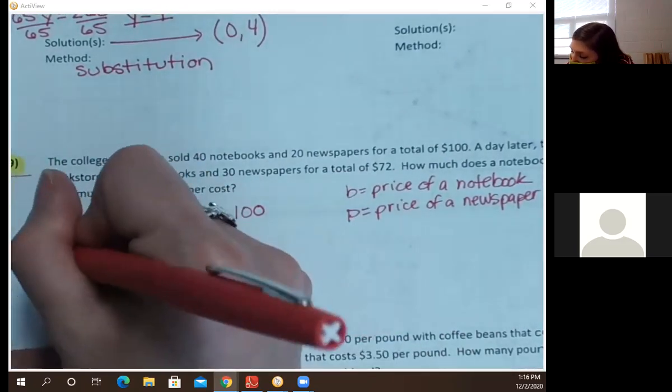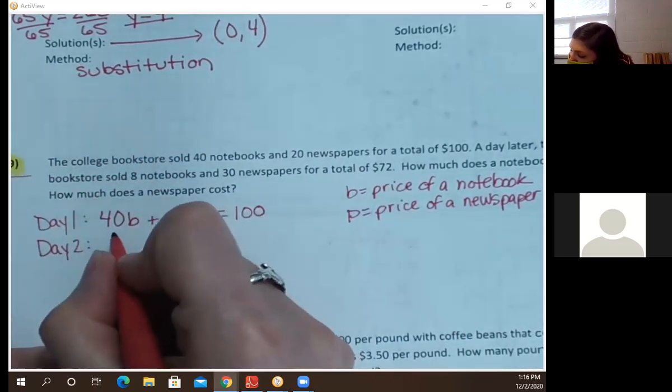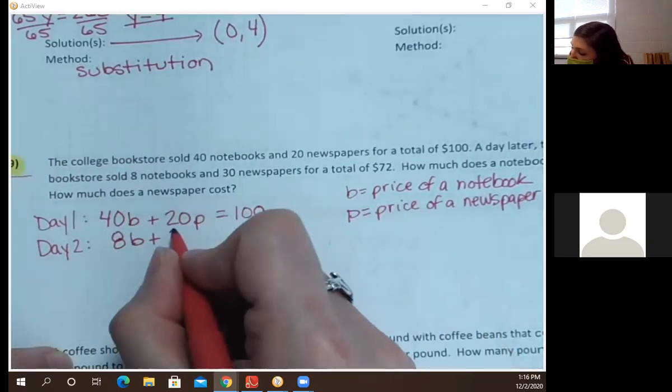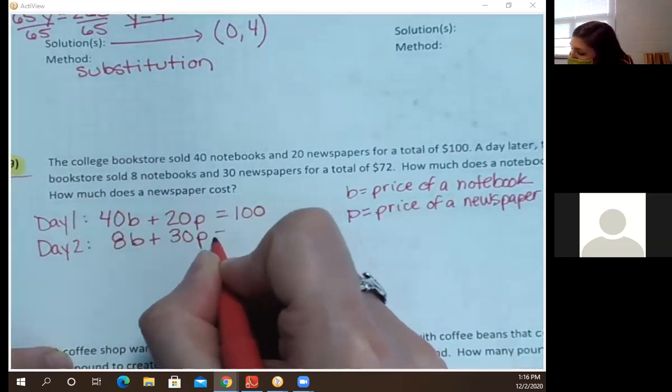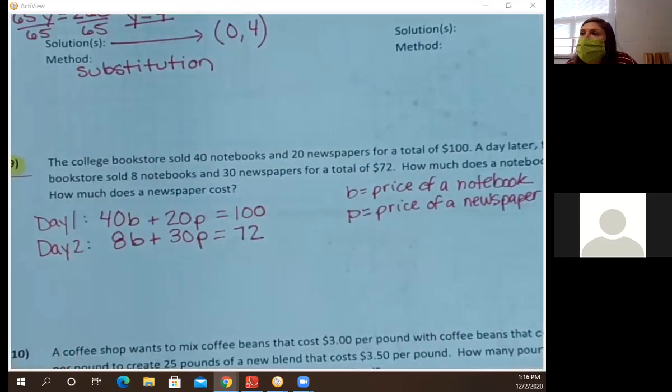And then the next day, I'm going to call that day 2. They sold 8 notebooks, so 8B plus 30 newspapers, so 30P equals 72. So there's my system of equations for number 9.